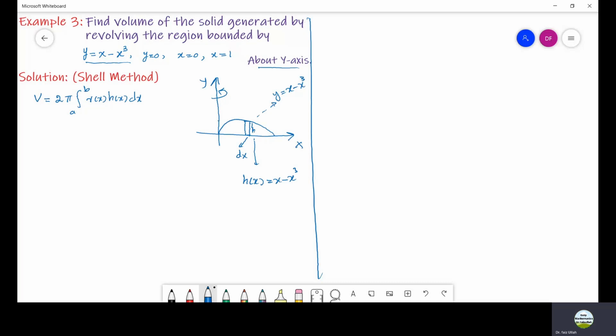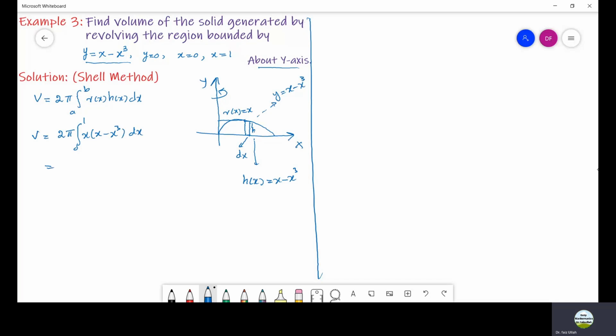And the distance from here to here, that is the radius r(x), is equal to x. So putting these values in this formula, we have 2π, integration from 0 to 1, r(x) is x, and h(x) is x − x³, dx.